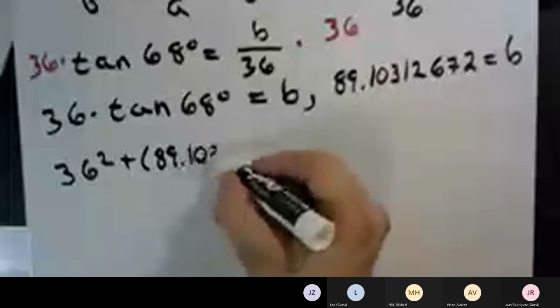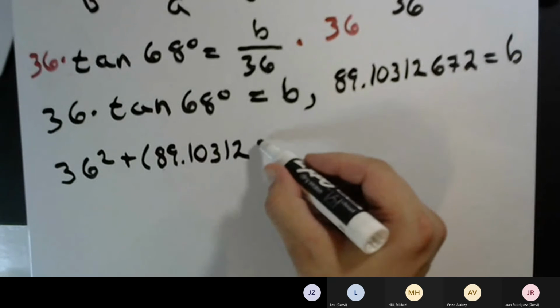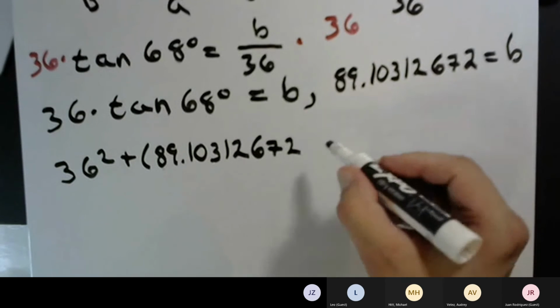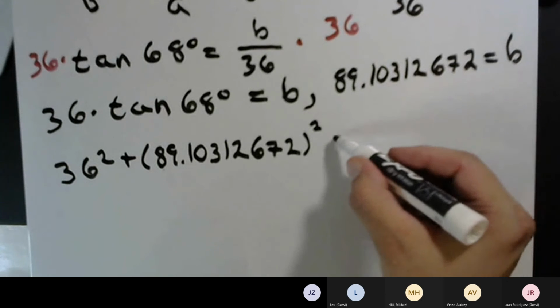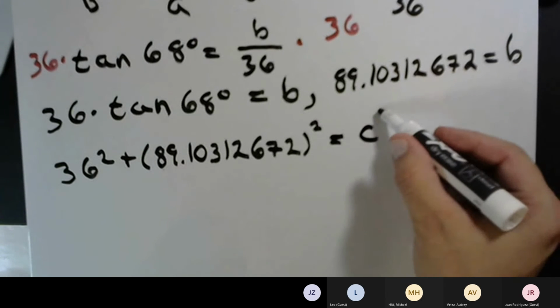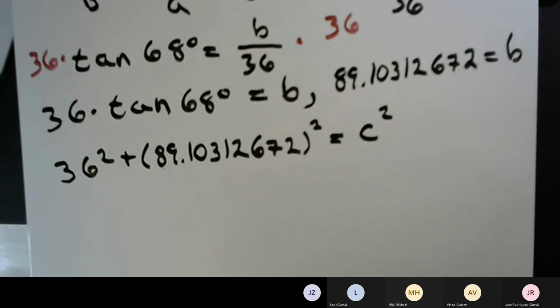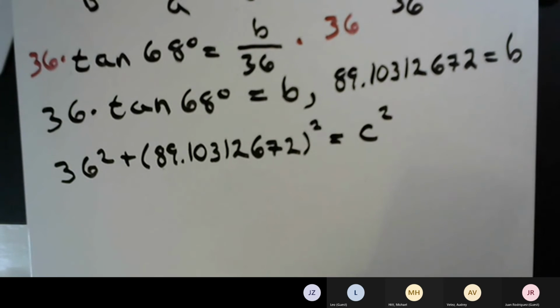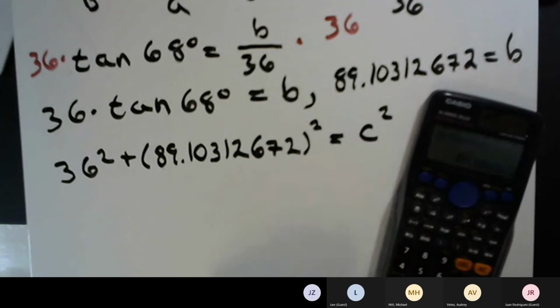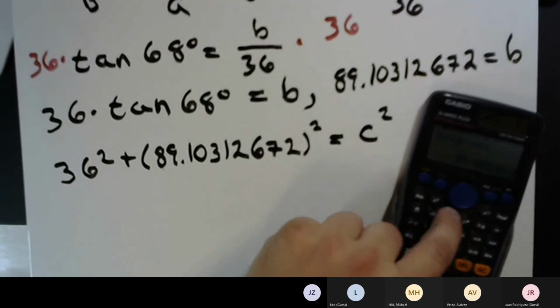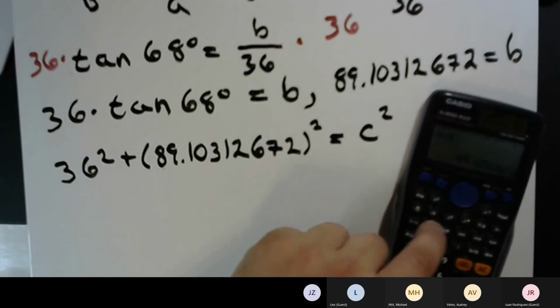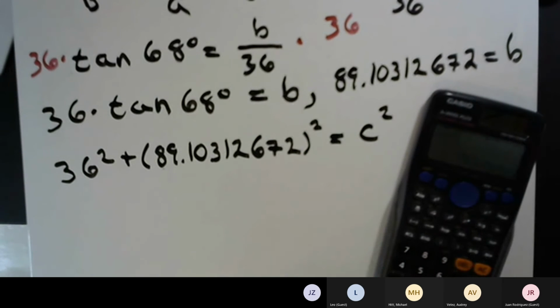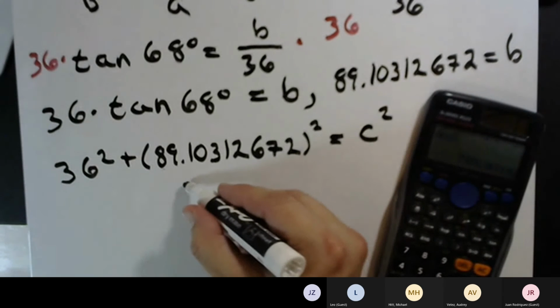With these trig functions, you'll sometimes get these long decimal numbers. So calculate the square of this. I'll take my answer, square it. Ooh, that's a big one.